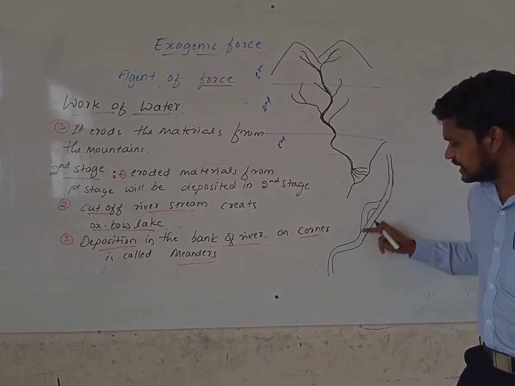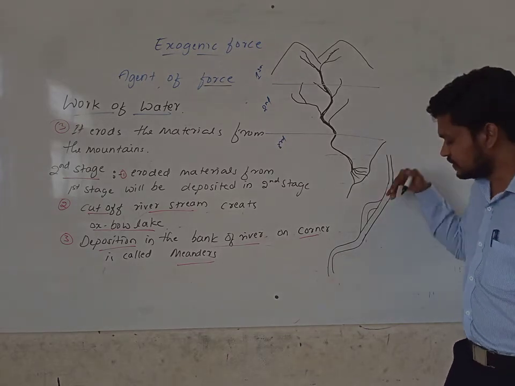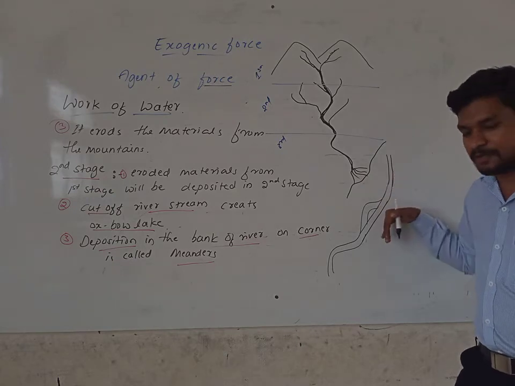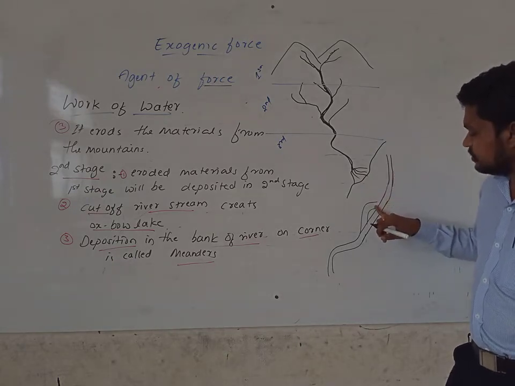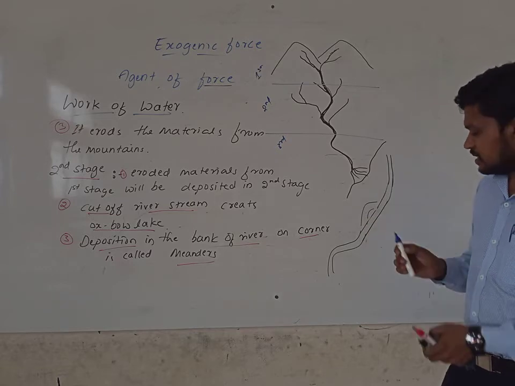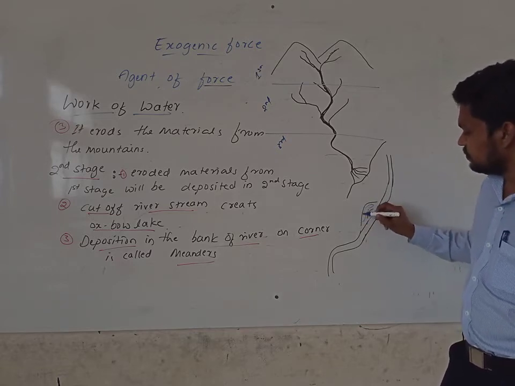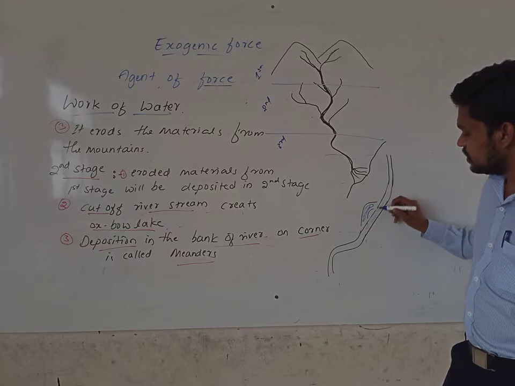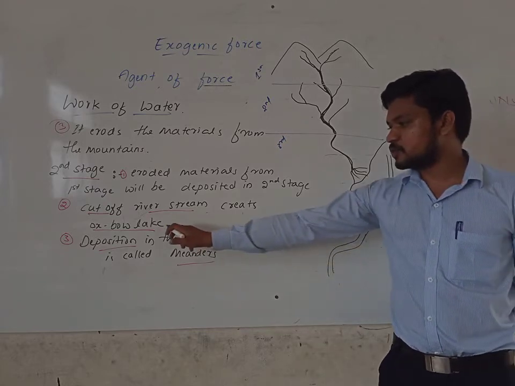This river is directly connected to this river because of the speed of water. Then this area will be disconnected, and this portion will remain with some water. It's called an Oxbow Lake.